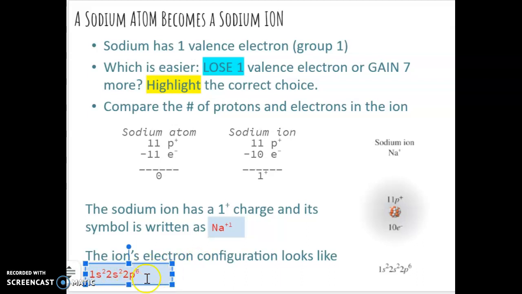So that would be your ion configuration. Again, if you have the stable or neutral atom, it would end in 3s1. The ion is going to end in 2p6.